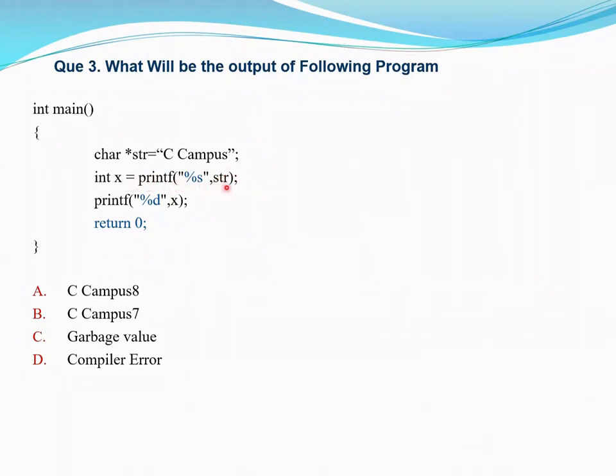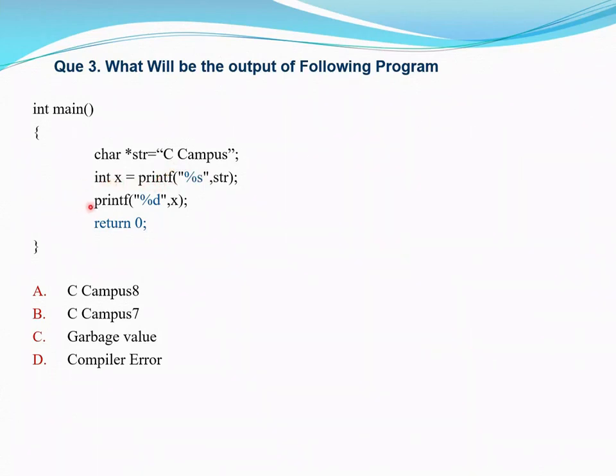So by this printf function, the string ccampus is printed. At the same time, it will return the number of characters in ccampus and it will be stored in variable x. The number of characters in ccampus is 1, 2, 3, 4, 5, 6, 7 and 8. So 8 will be returned and stored in variable x.